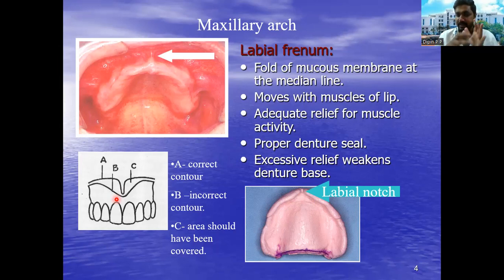During the impression procedure itself, we have to record the labial frenum by giving both upward and downward movement of the upper lip, so a proper labial notch is created. During the primary impression and the secondary impression, during the border molding procedure itself, we have to record the labial frenum.